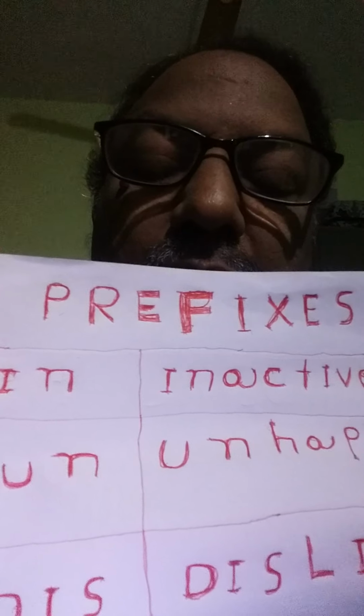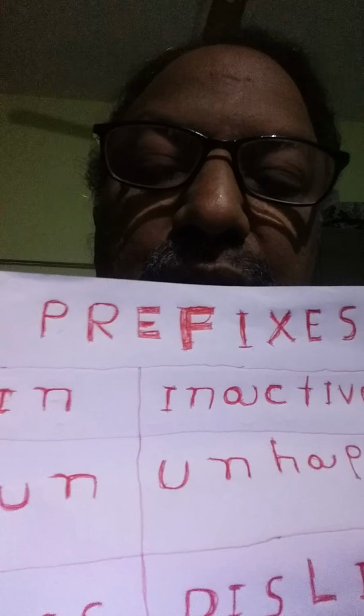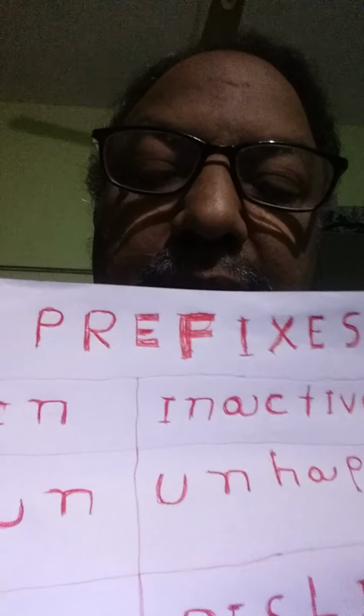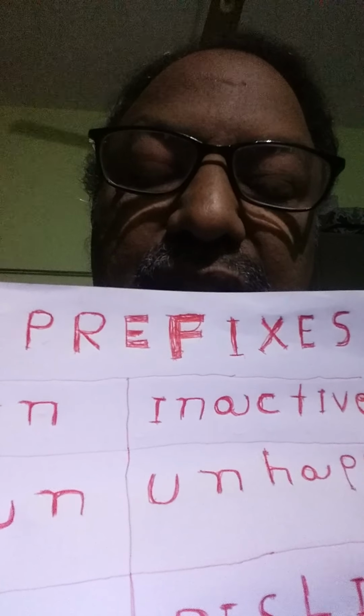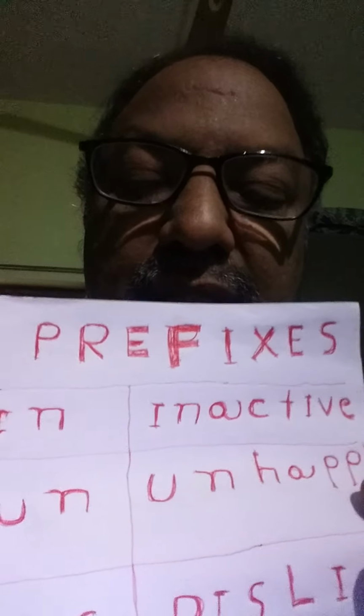Prefixes are used before the root words and suffixes are used after the root words. Pre means before. Here it is being fixed to the root word before. That's why we call them prefixes.